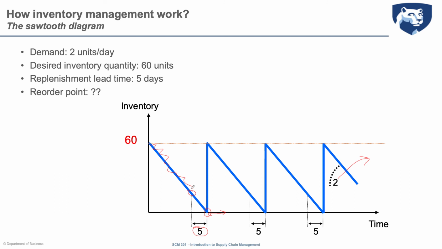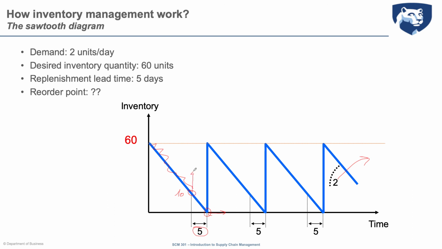It is the level of inventory that will allow me to satisfy 5 days of demand, because after 5 days my inventory will be 0, but my supplier will be able to provide me a new lot. How much is this level of inventory? 10. So whenever I have 10 units, I am able to satisfy the demand for 5 days.